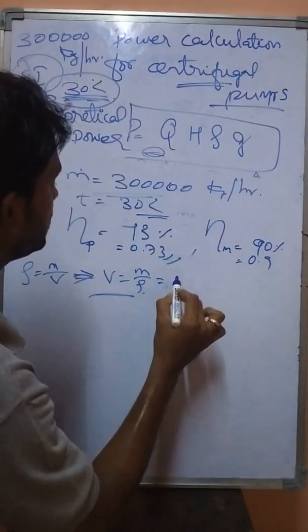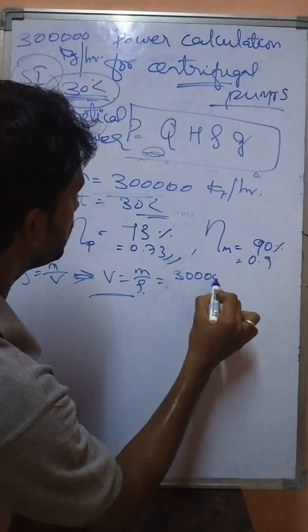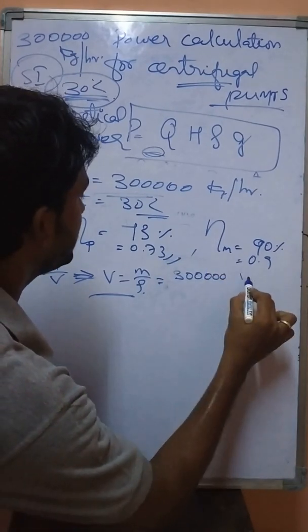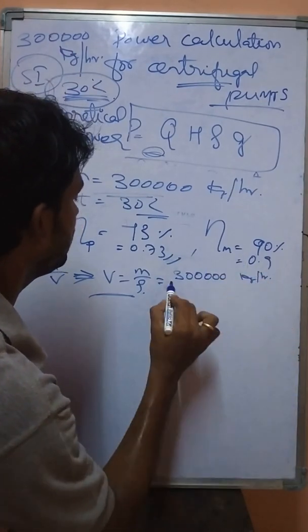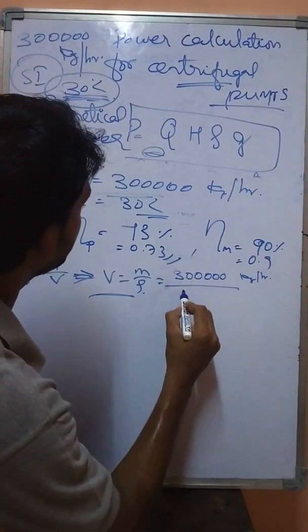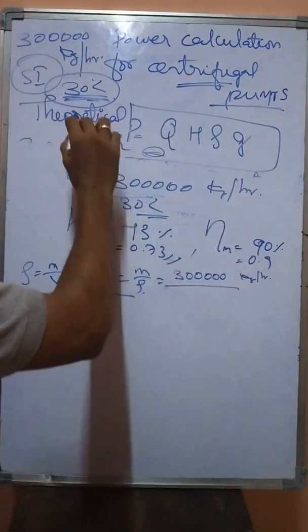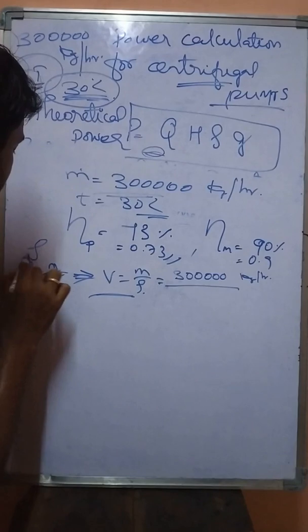So mass flow rate is 300,000 kg per hour divided by density.